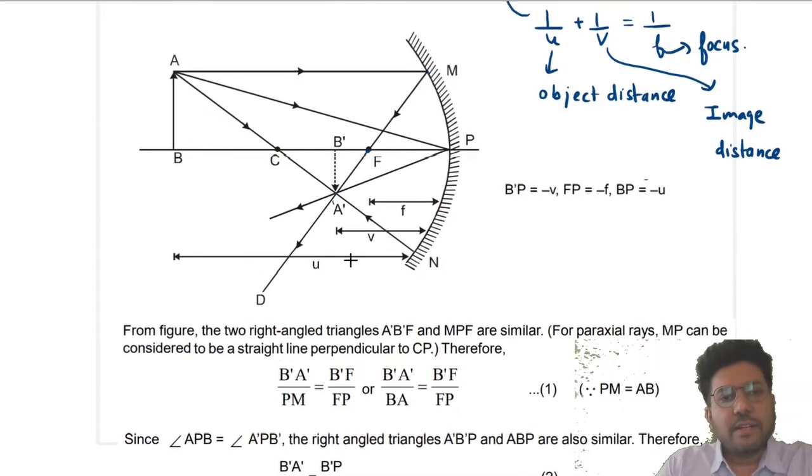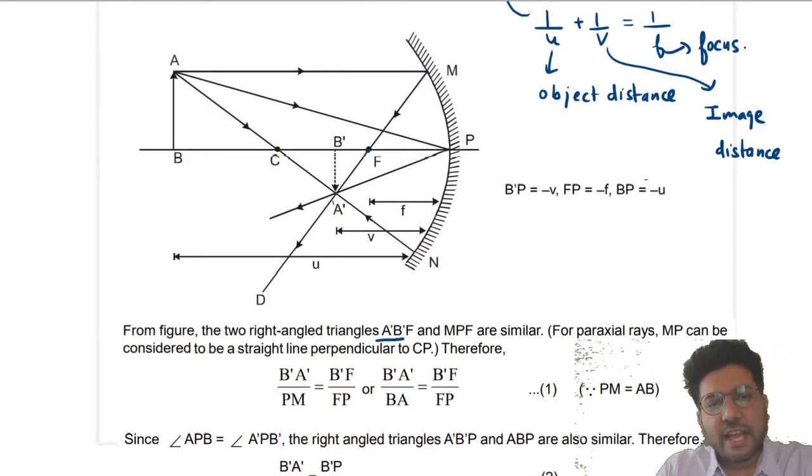You have two right angle triangles here, A dash B dash F and MPF. I have told you that we will take MP as a straight line. So this triangle and this triangle are similar to each other, and for similar triangles the ratio of sides has to be the same.